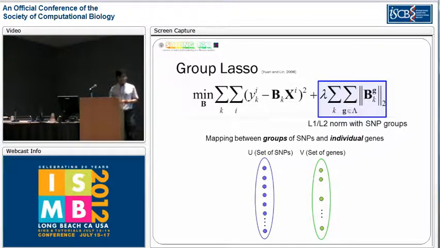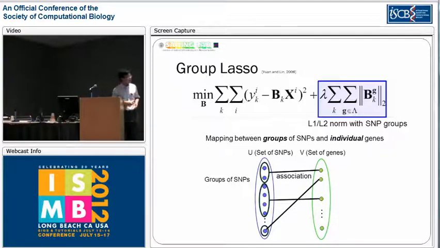We assume that we have predefined groups of SNPs like this. And then we are going to find a mapping between groups of SNPs and individual genes. So previously, we looked at the mapping between individual SNPs and individual genes. But in this case, we are going to look at the mapping between groups of SNPs and individual genes.